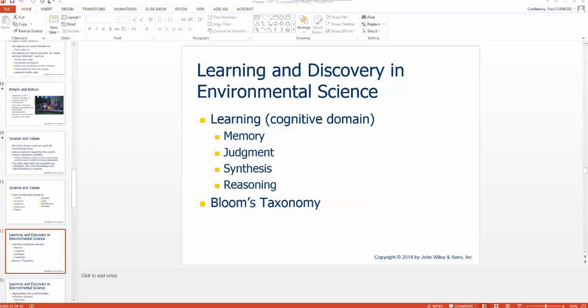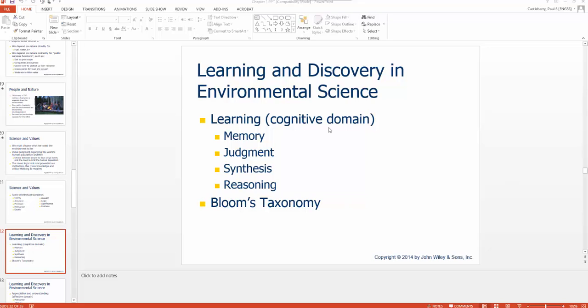It's important in environmental science, perhaps more so than any other area of scientific inquiry, to enable people to understand the field at higher cognitive and affective levels to fully grasp not only the scientific, but also the social and personal complexities involved.